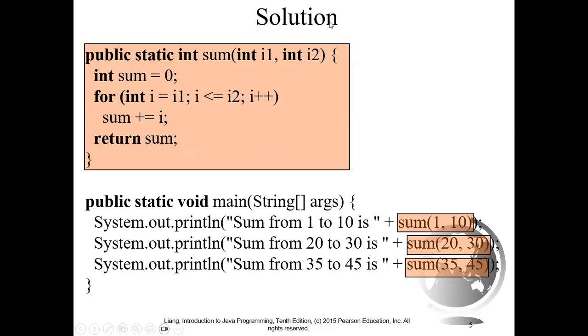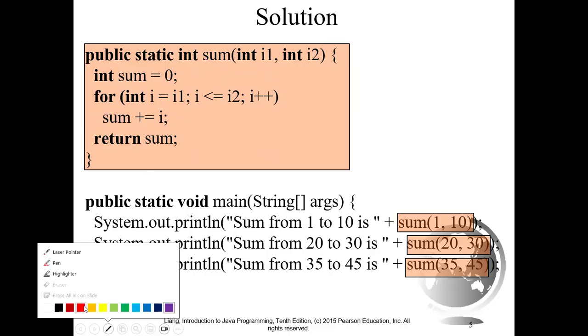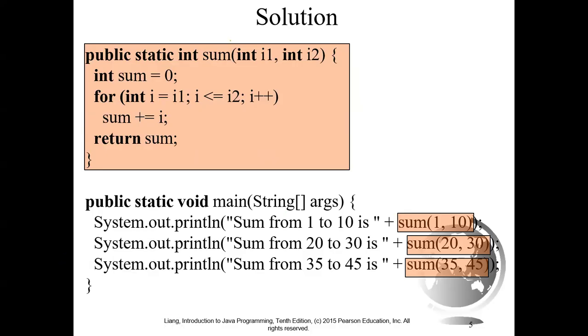Let's look over the solution of the method. For example, here, it is declared to be a public static method. However, in the future, we will get into some more method types. And this is, okay, let me change the pen. This is the method name.